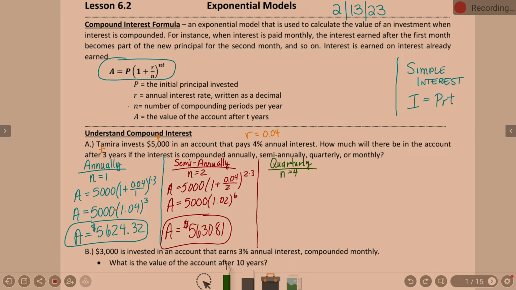So every place n was 1 and then n was 2, now n is going to be 4. Okay, practice. So 5,000 times 1 plus 0.04, this time divided by 4 and raised to the 4 times 3. I just keep changing that n.